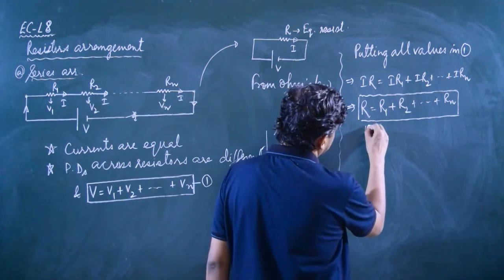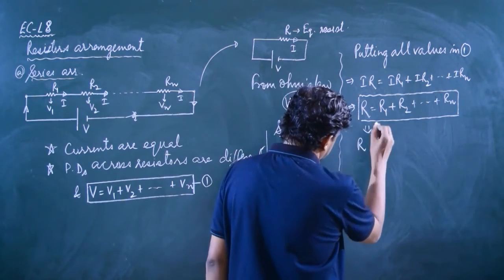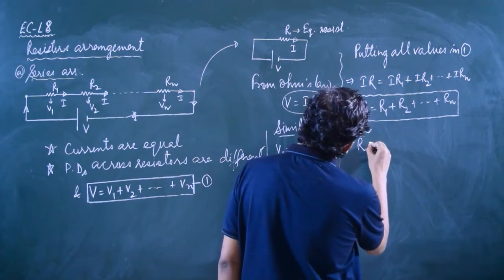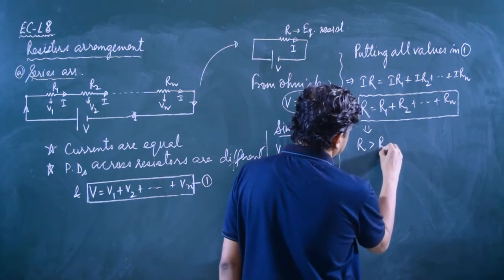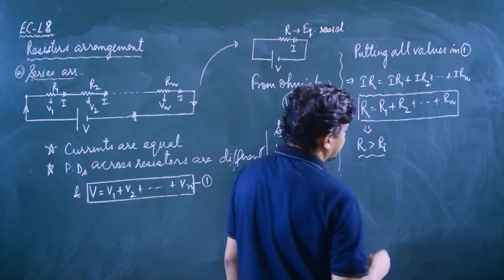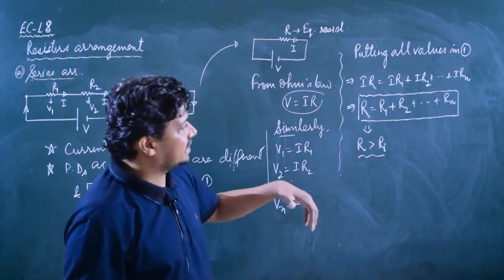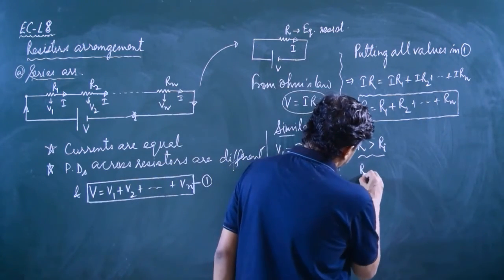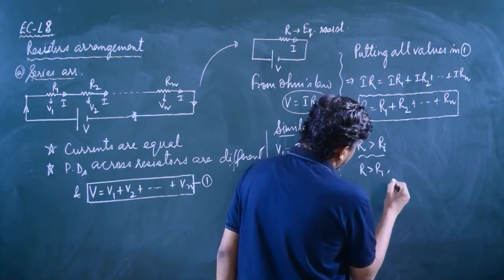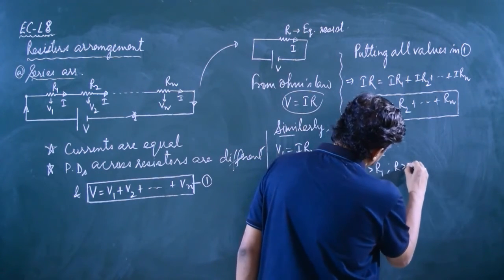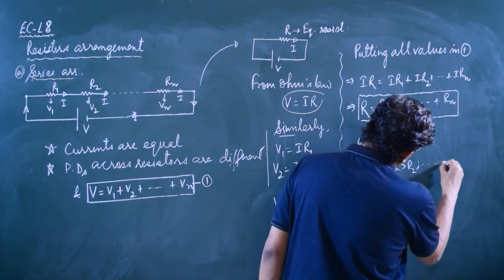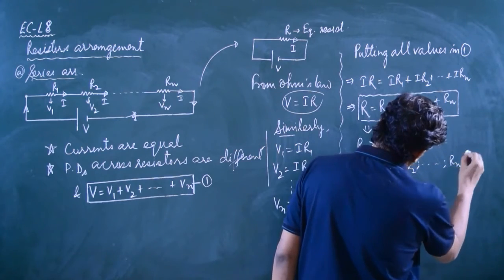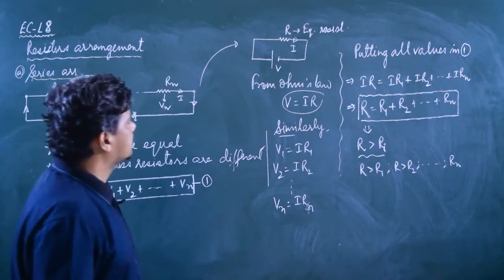Now see, R is greater than any resistance, that means R will be greater than R1, R2 and so on up to what? Rn. Okay.